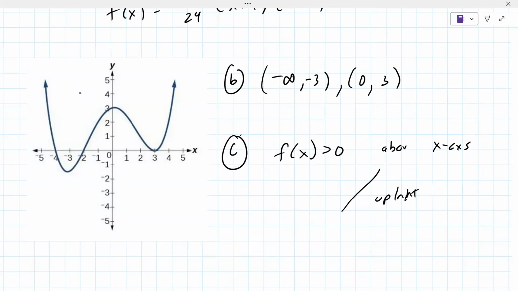Give me those intervals, it might be more than one. From -2 to 0, agreed. -2 to 0, and then from 3 to positive infinity. I agree.